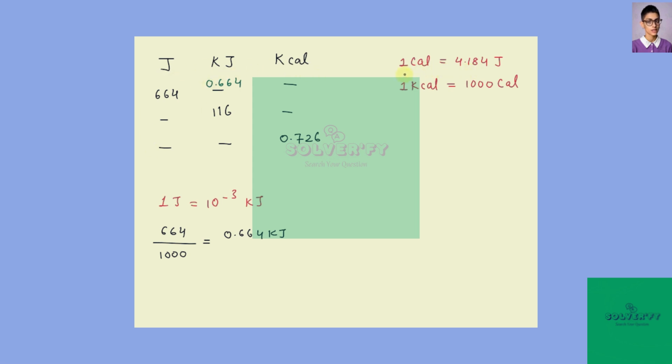Now, we need to convert this joule value to kilocalorie. It is given that 1 calorie is equal to 4.184 joule. Then 4.184 joule will be equal to 1 calorie and 664 joule will be equal to 1 calorie divided by 4.184 joule into 664 joule. From here we can eliminate this joule unit. On solving, we are getting the value in calorie as 158.7 calorie.